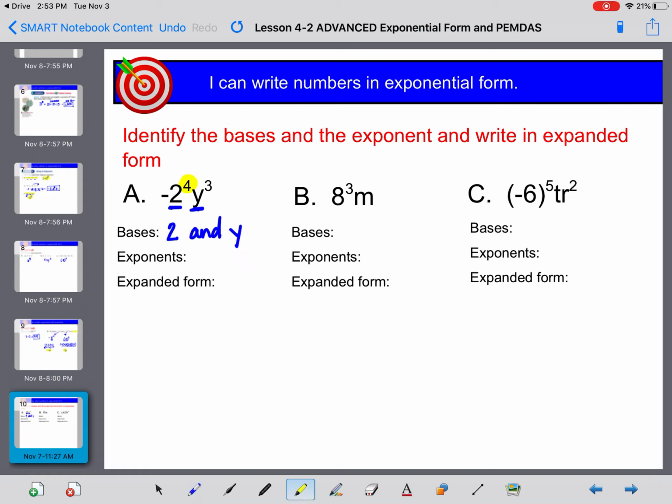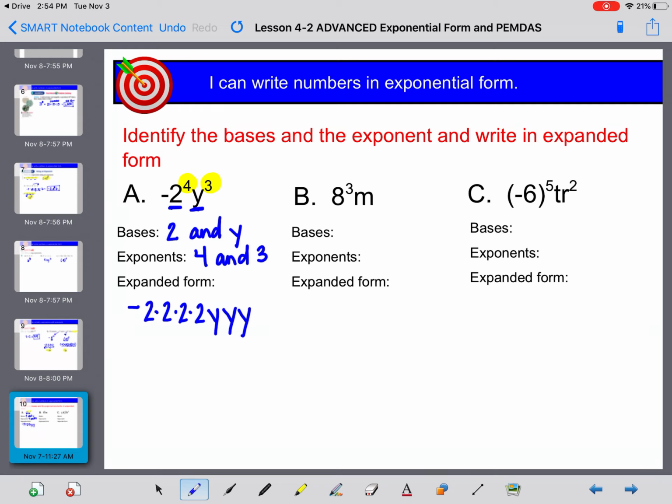My exponents are the teeny tiny numbers in the upper right, so both 4 and 3. In expanded form, I would write the 2 being multiplied by itself 4 times, the negative sign simply coming out in front. Then I multiply that by y multiplied by itself 3 times.